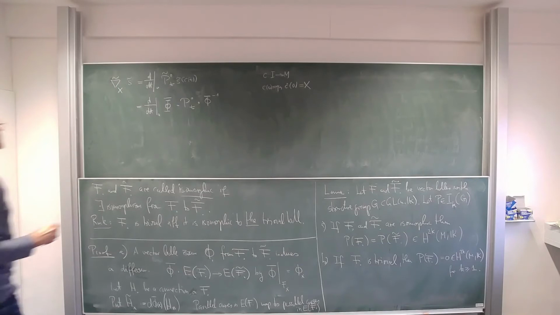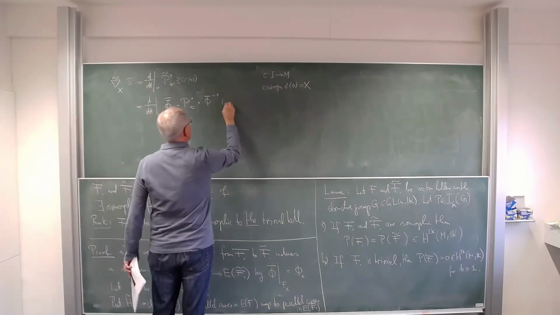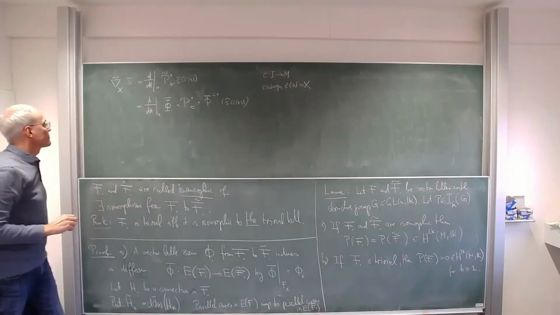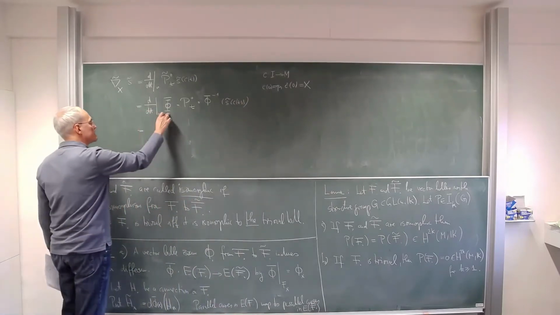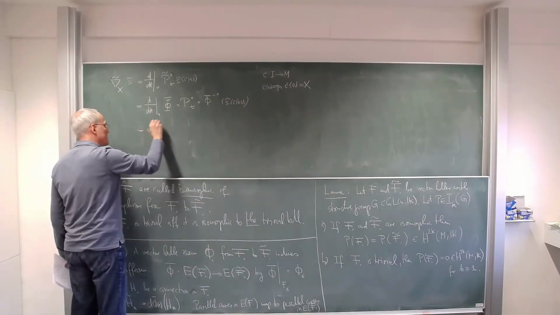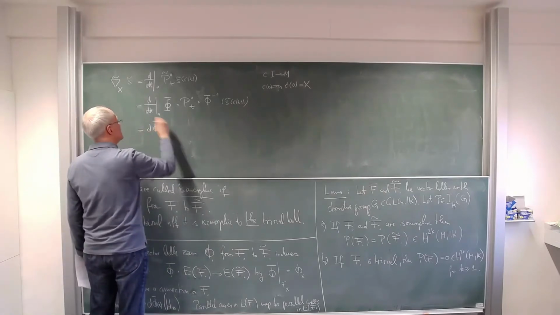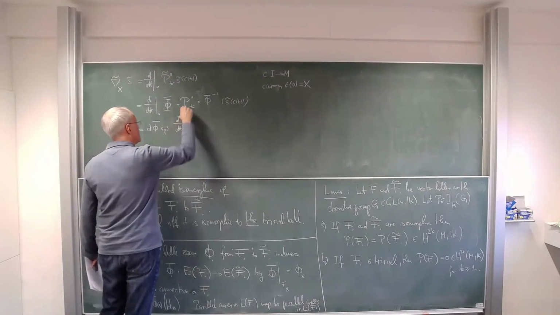So that's what we have, and we apply it to S tilde at C of t. Now this I could write as d phi bar, evaluated at the point P, of the derivative of this thing.